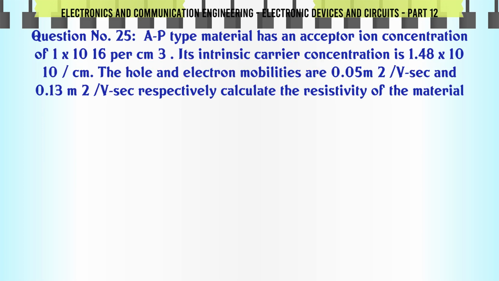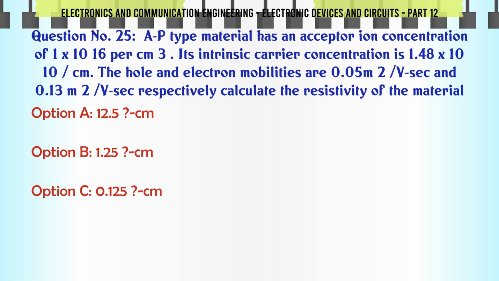A p-type material has an acceptor ion concentration of 1 x 10^16 per cm3. Its intrinsic carrier concentration is 1.48 x 10^10 per cm3. The hole and electron mobilities are 0.05 m2/V-sec and 0.13 m2/V-sec respectively.